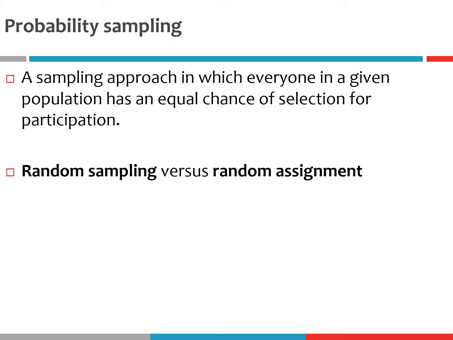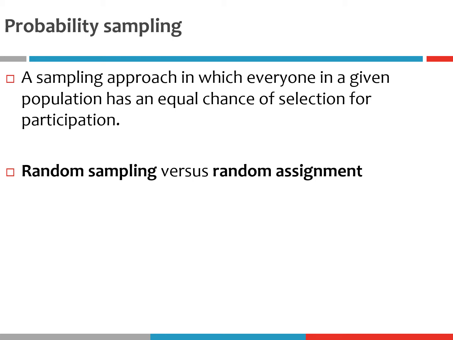We've already talked a lot about random assignment in this class, right? Random assignment means that you are in a sample already, okay? And that you have an equal probability of being put in an experimental group or a control group, or however many groups the experimenter has. So you have an equal chance of being selected for all of the different conditions of the experiment.